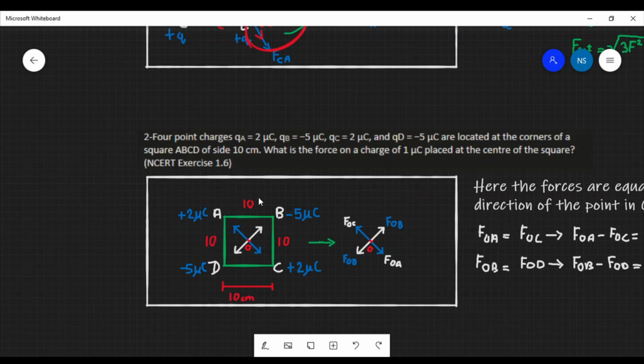So let us take this square to be A, B, C, D. At A there is plus 2 microcoulomb of charge, at B there is minus 5 microcoulomb, at C there is plus 2 microcoulomb, and at D there is minus 5 microcoulomb.